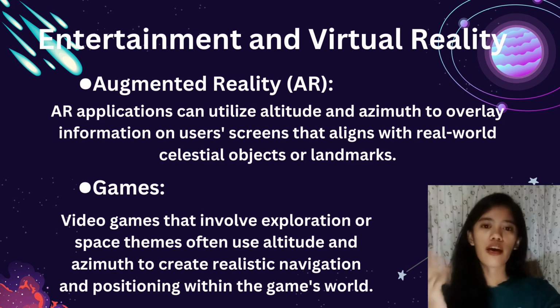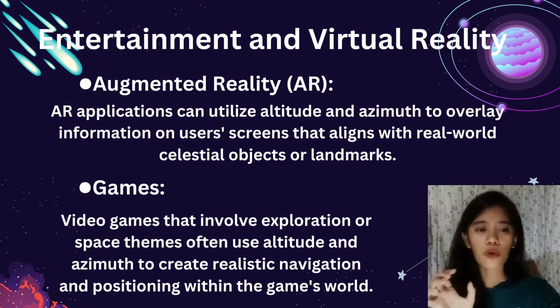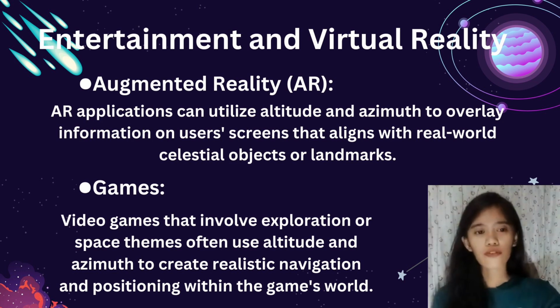And then we have here on our screen, games. Video games that involve exploration or space themes often use altitude and azimuth to create realistic navigation and positioning within the game's world. In short, it's like Sword Art Online, virtual reality, right?